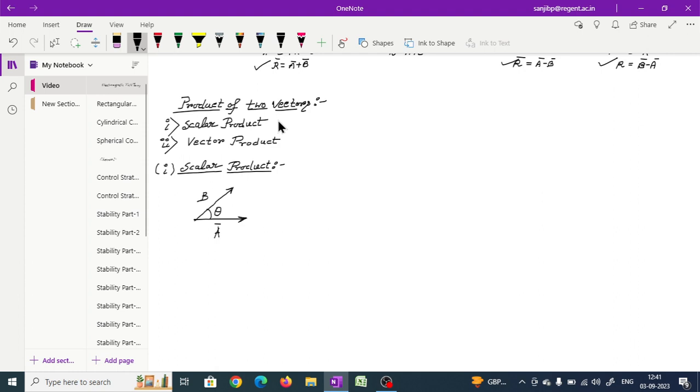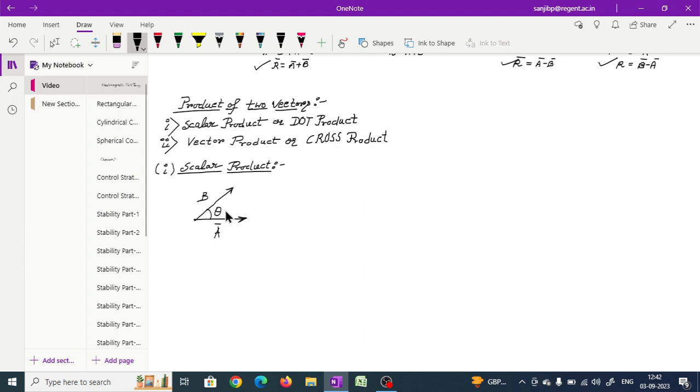The scalar product is also called the dot product, and the vector product is also called the cross product. Today I will discuss only the scalar product.